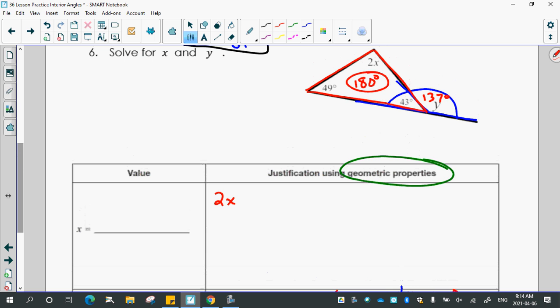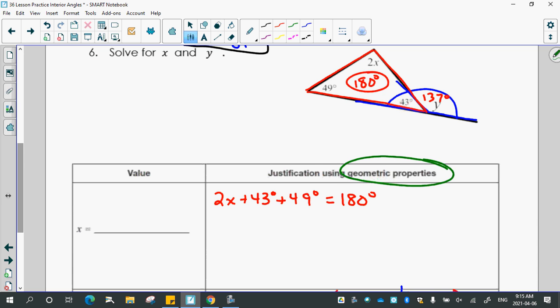So angle 2x plus 43 degrees plus 49 degrees. If I add up those three angles, it's going to equal 180 degrees, because the angles inside a triangle, the interior angles, add up to 180.